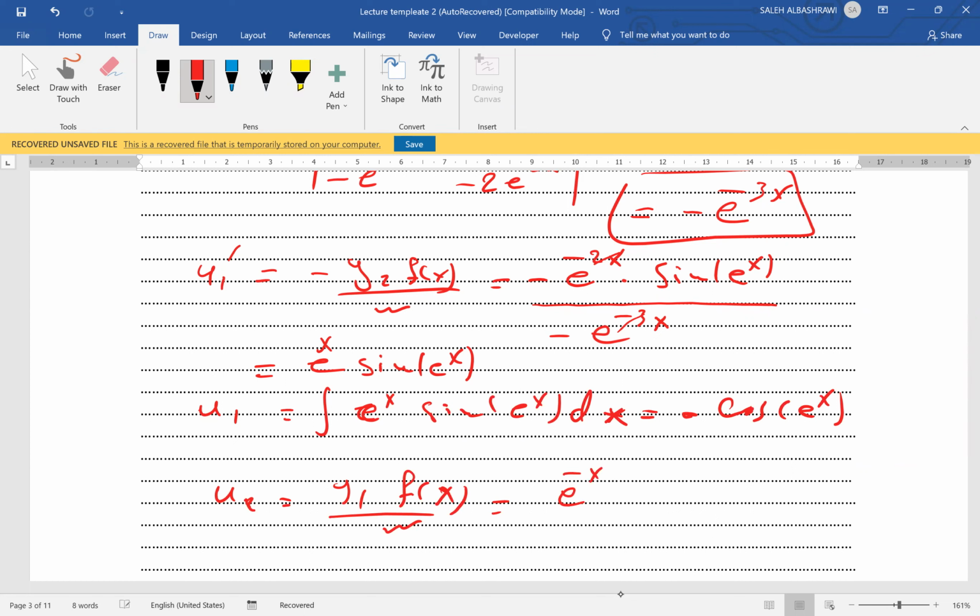So u2 will be negative the integration of t squared sine of t dt over t, because e to the power 2x will be t to the power 2. So it can be simplified to t multiplied by sine of t dt.